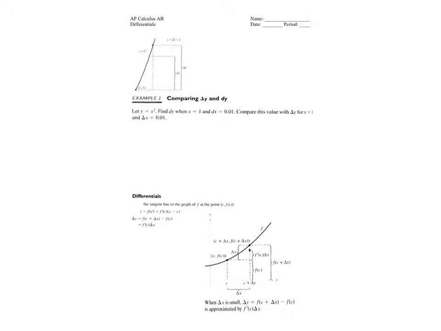That difference is, we could say, delta y, the change in y. We're going to approximate it using the differential dy, which you'll recognize from when we took derivatives, dy dx.